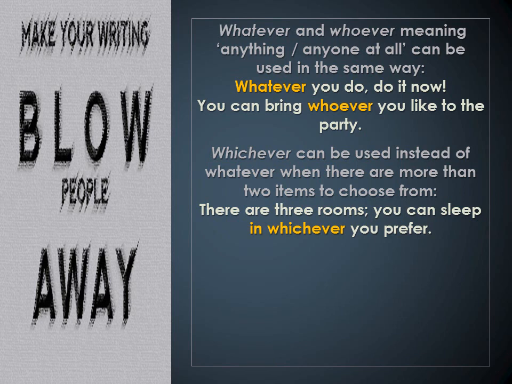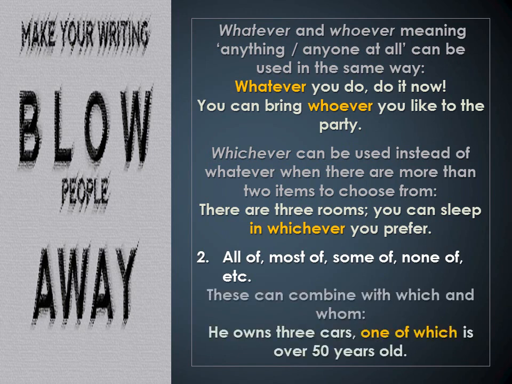So, last but definitely not least, some more options. All of, most of, some of, none of, combined with relative pronouns. He owns 3 cars, one of which is over 50 years old.